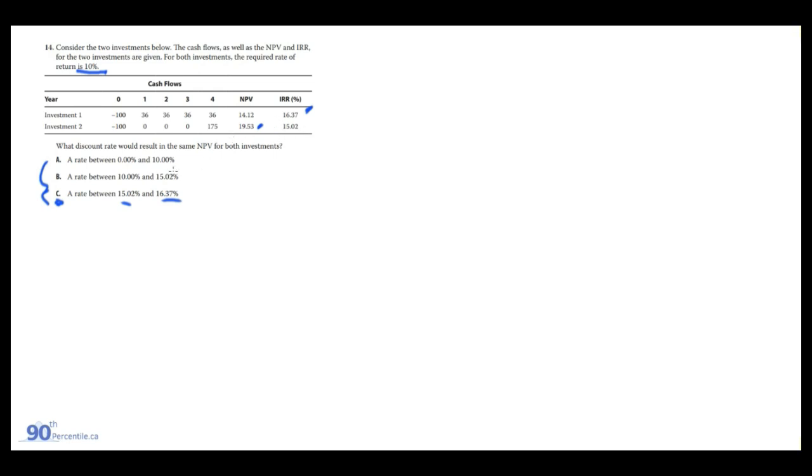Then using 15.02, the NPV for investment one would be 0. We know that. Then for investment two, it would be greater than 0, because the discount rate of 15.02 is less than the IRR, right? So it'd be greater than 0.